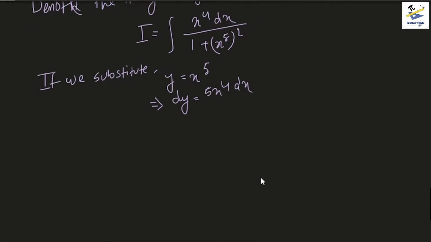And what we want is the value of x to the power 4 dx. So therefore x to the power 4 dx should be equal to dy by 5.